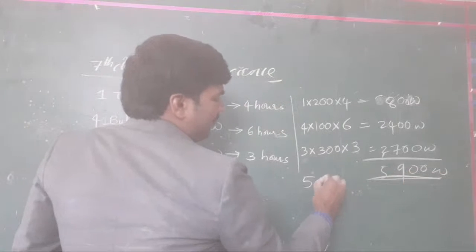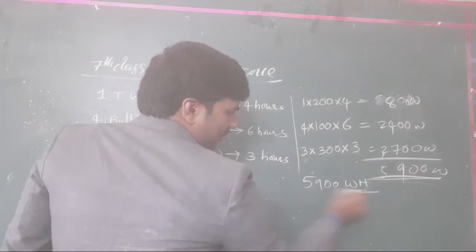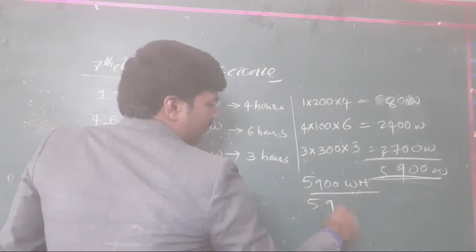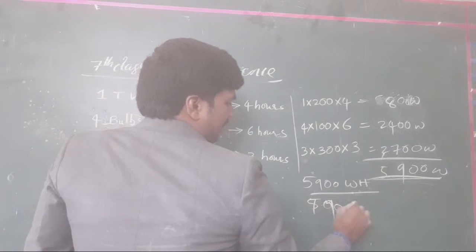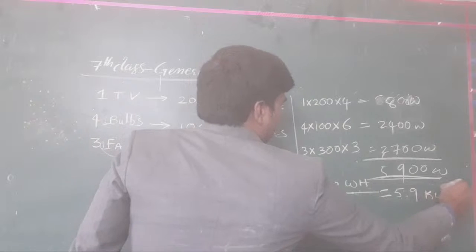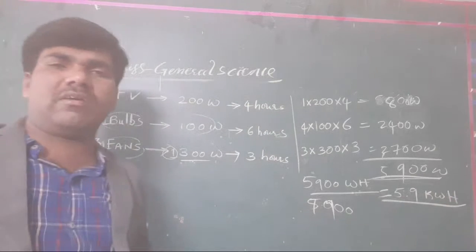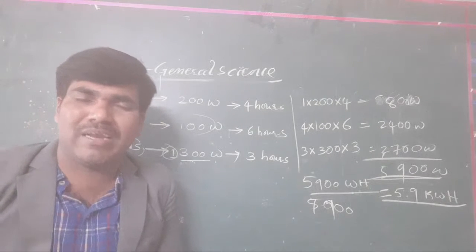It is written in the form of watt hours here. Here it is written in the form of kilowatt hours, means when you divide by 1000, it will be 5.9 kilowatt hours. Based on this only you calculate how much current we will get.